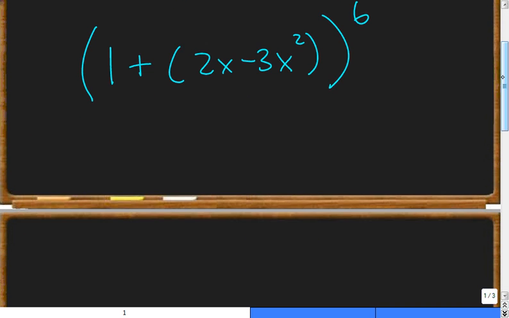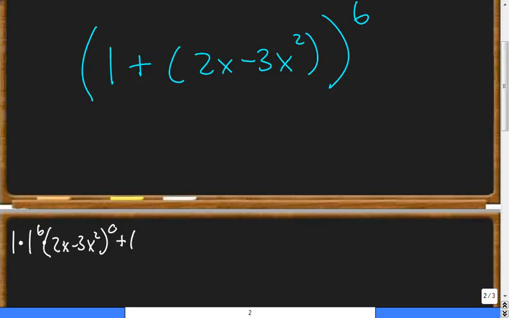So we start our expansion. We have a coefficient of 1 times 1 to the 6th times 2x minus 3x squared to the 0. Then we add 6 times 1 to the 5th, multiplied by 2x minus 3x squared to the 1st.